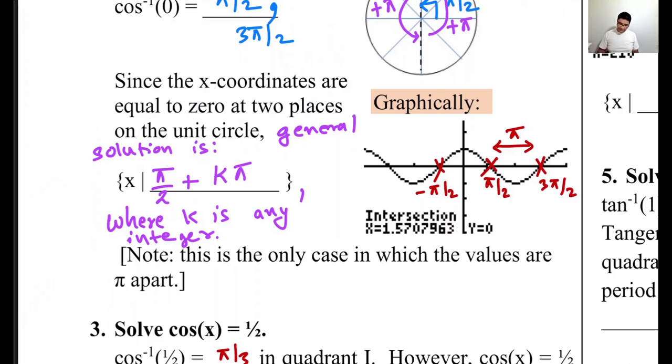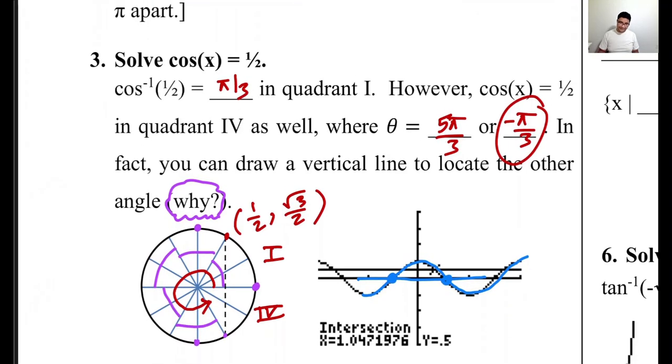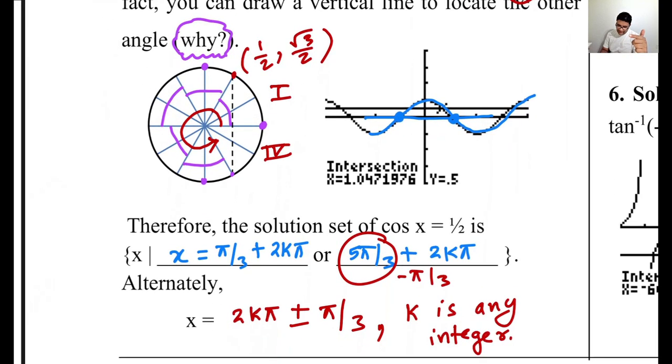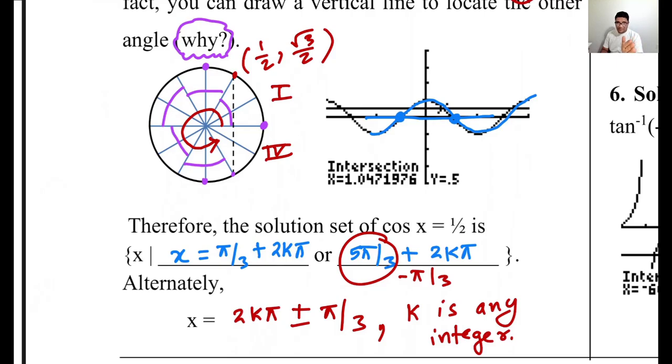And for any other general angle, the solution is that value plus 2k pi, or another value obtained by drawing the vertical line in the unit circle or just taking the minus of that angle, plus 2k pi.